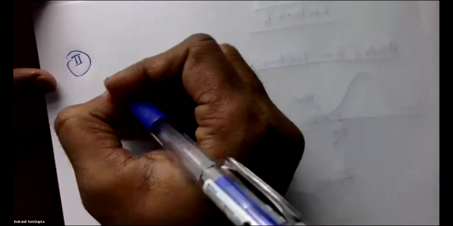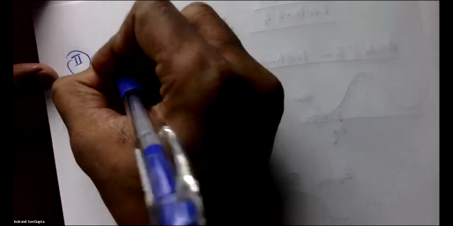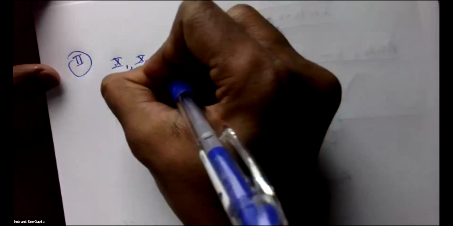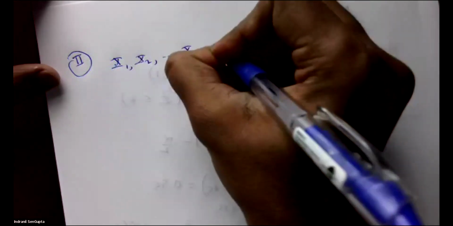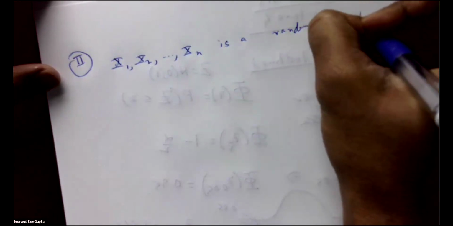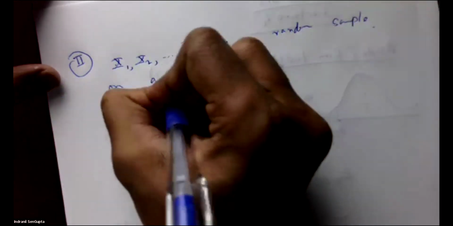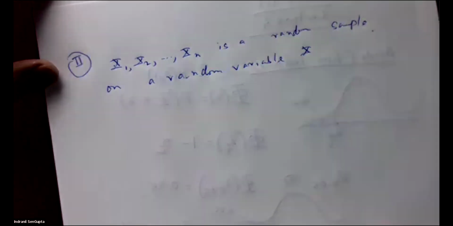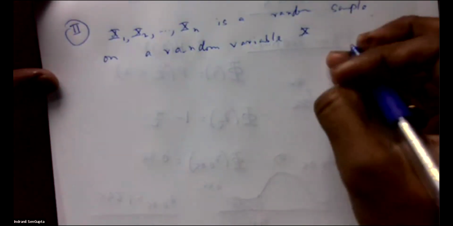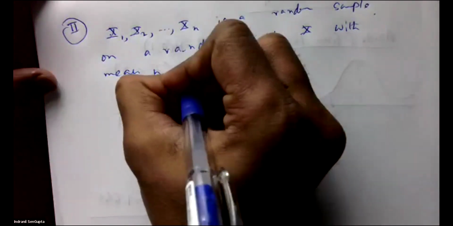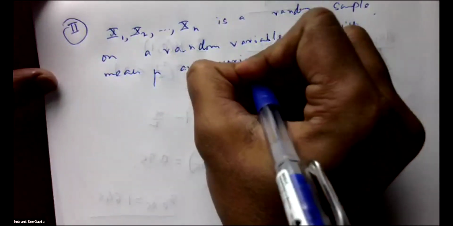So if x1, x2, ..., xn is a random sample on a random variable x with mean mu and variance sigma squared.